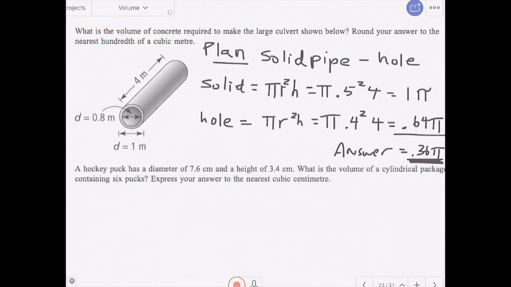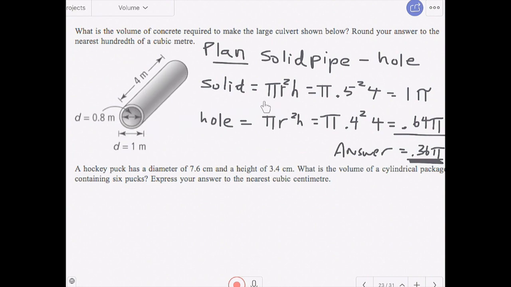So on this one here, we have to figure out the volume of the pipe, which is following my plan here. I treated the entire pipe like it was actually rock solid all the way through, full of concrete, and figured out the volume of it if it was solid, and then subtracted away the hole, which represents another cylinder, an empty cylinder.